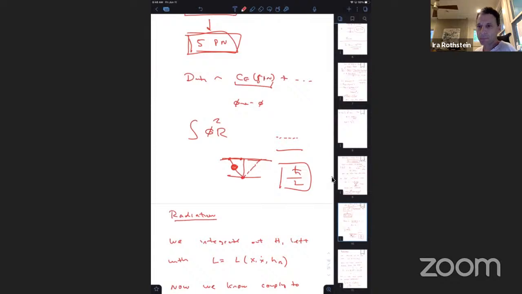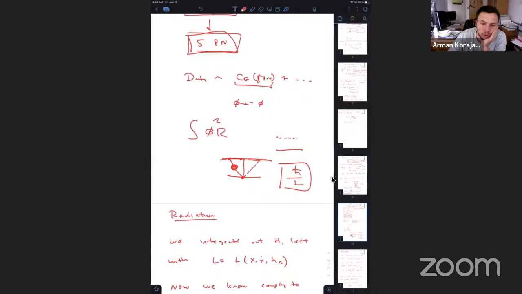And next is Arman. Yes, hello. Regarding this last thing that you mentioned, maybe you'll tell something in the continuation of the lectures. Now that you mentioned the background, you drew this analogy with the LHC.